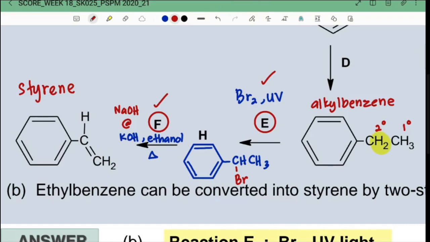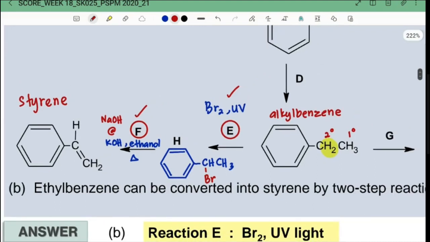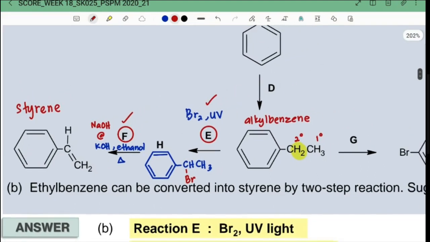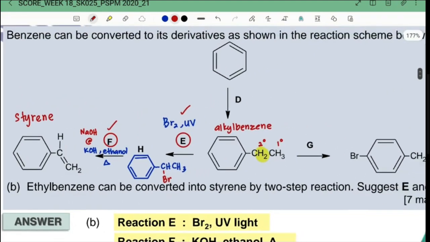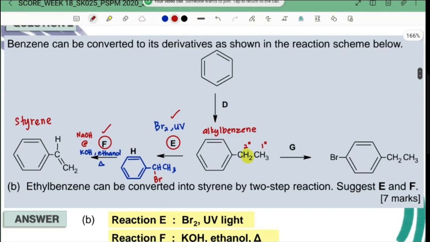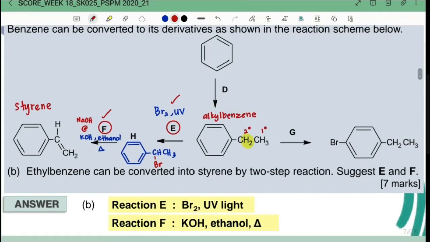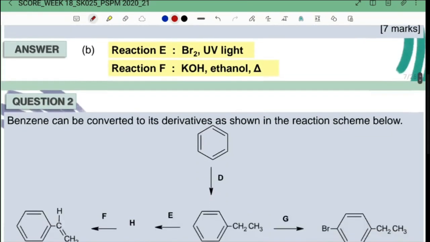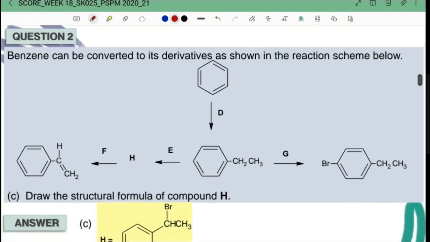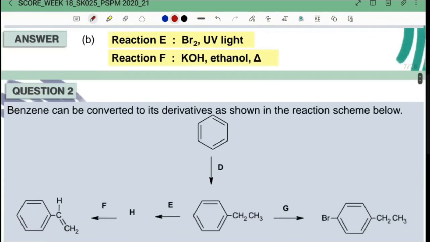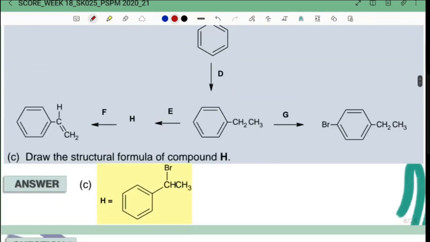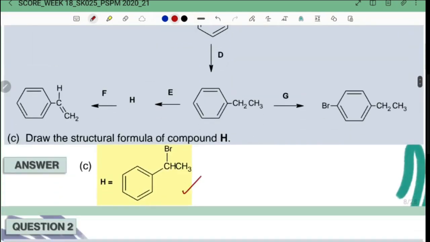Are you okay? For B? Okay, if no question, we look at question C. Draw the structural formula of H. So we drew it earlier. H structure is substituted at the secondary hydrogen.